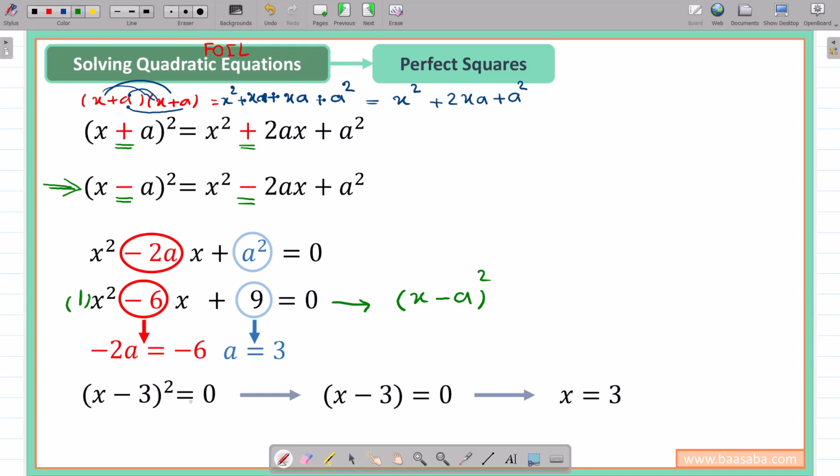Now the only thing to do is to solve this equation. We take the radical of both sides of our equation. Then what is left? x minus 3 is equal to 0. And then x equals 3. So our quadratic equation had only one real root here.